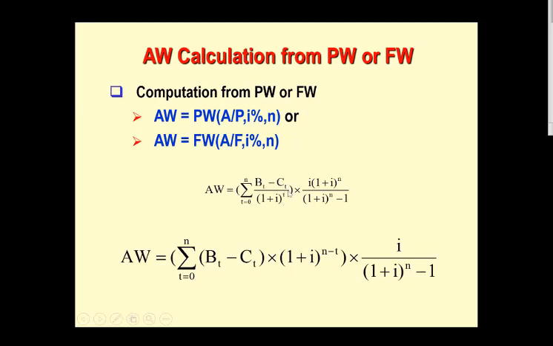We take the net present value and times the recovery factor, we get the annual worth, or NAV, the net annual value. That is the way to calculate the annual worth from the present worth.